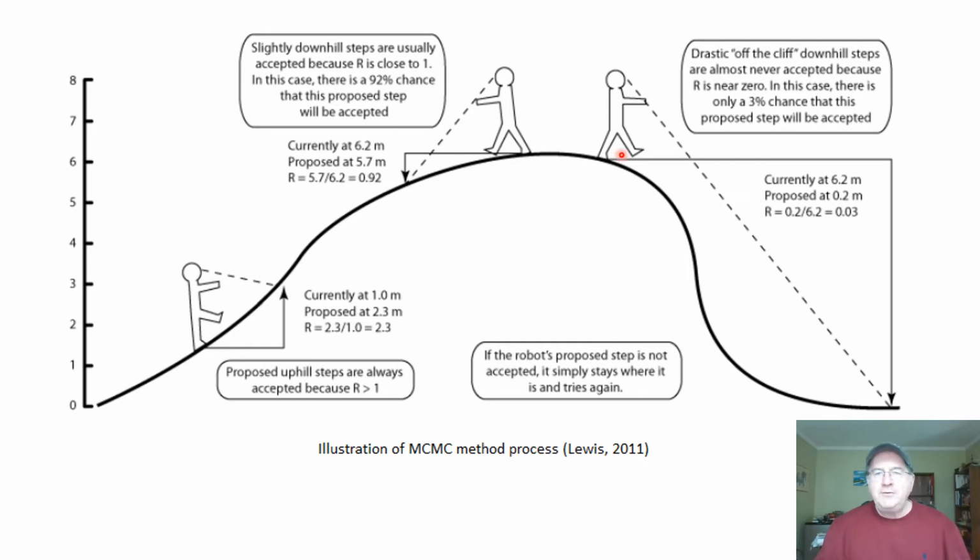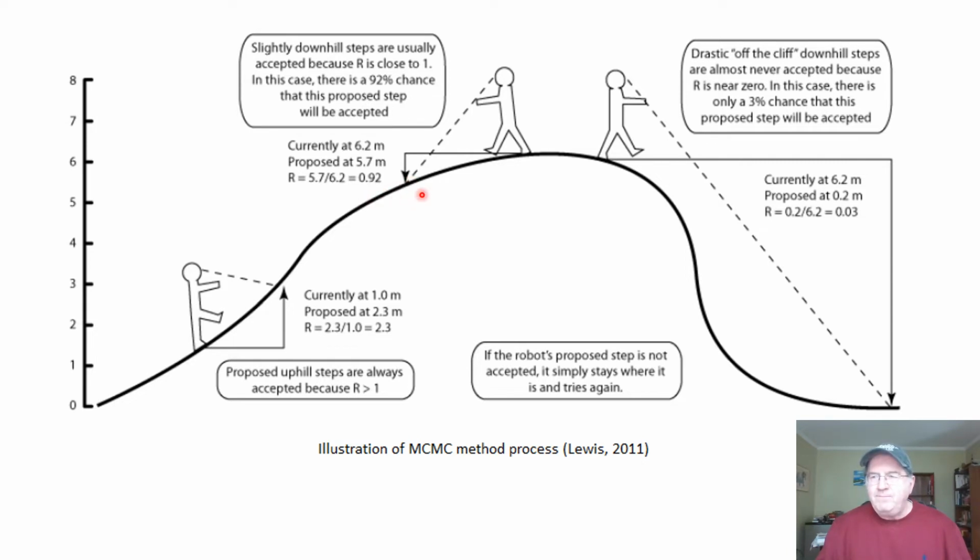If the new tree I calculate has a much lower likelihood value, then that ratio is going to be very small, and I'm unlikely to accept it. So I'm going to stay where I am. But here, the new tree I calculate is only a little worse in terms of likelihood than the one I was at. And so I might accept that.